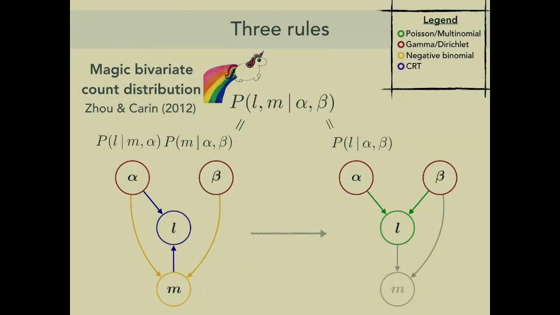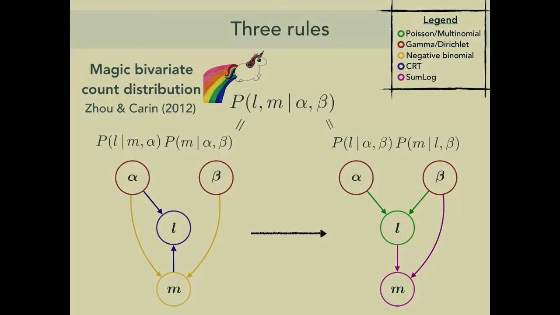And notice that L does not depend on beta in the left factorization. Okay? On the right, this same distribution is going to factorize as first L is a Poisson random variable given alpha and beta. And then M, which is a sum log random variable, and it's conditioned on L and beta. And notice that M does not condition on alpha. Okay? So in general, these 2 factorizations don't equal each other. But in this special case, with these distributions, they do.